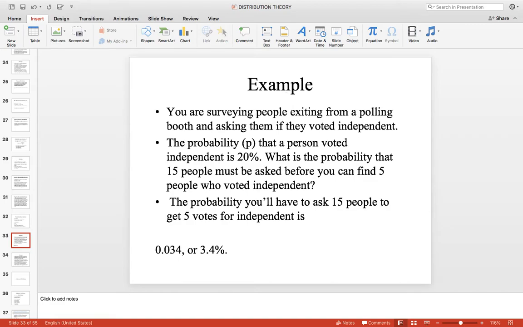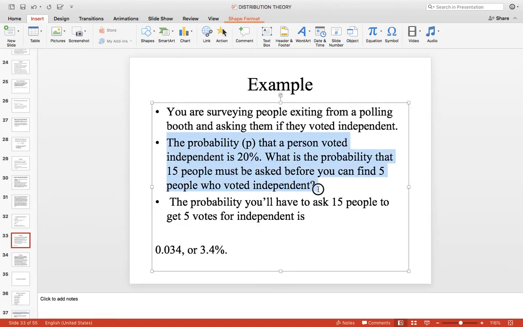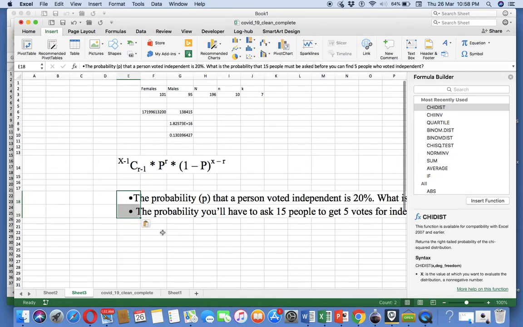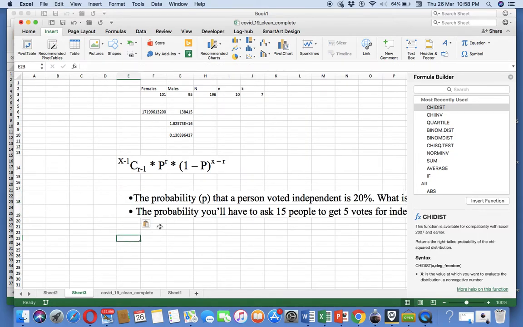You are surveying people who are exiting from a polling booth. So this is the problem in the question also. So x is equal to 15.